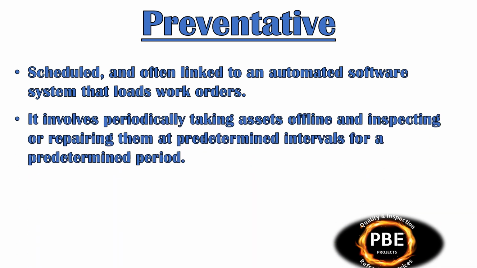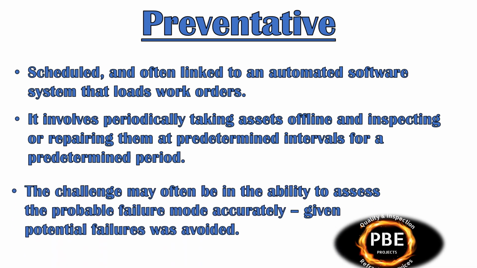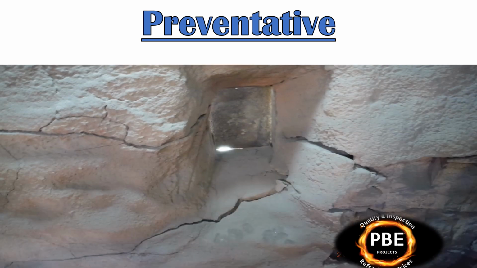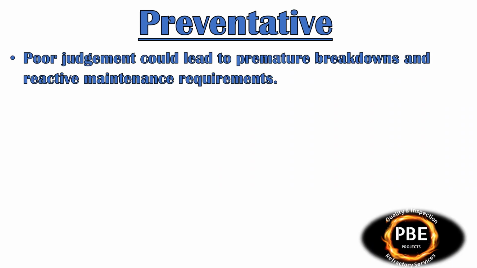It involves periodically taking assets offline and inspecting or repairing them at predetermined intervals for a predetermined period. The challenge may often be in the ability to assess the probable failure mode accurately, given potential failure was avoided. Poor judgment could lead to a premature breakdown, though, and reactive maintenance requirements.